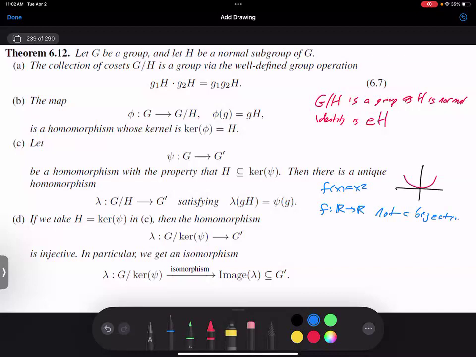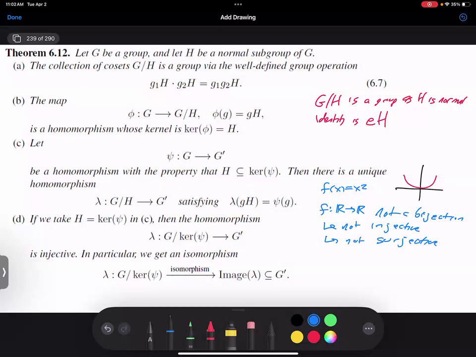So why is it not a bijection? Good, so it's not injective. And why? Any other reasons why it's not a bijection? Yeah, and it's not surjective.